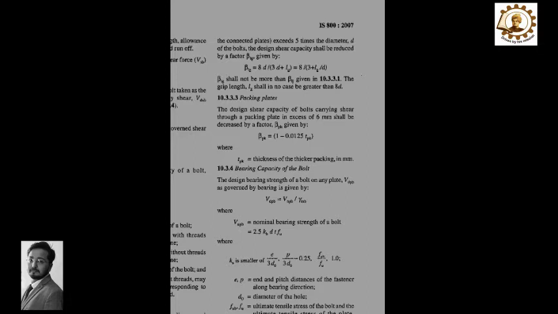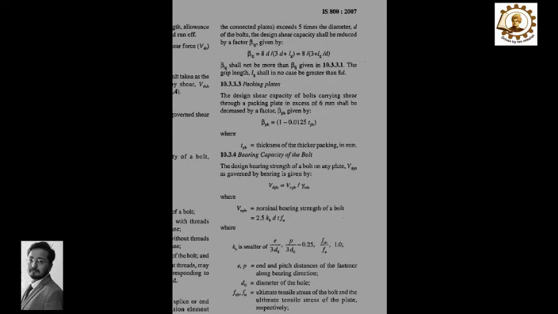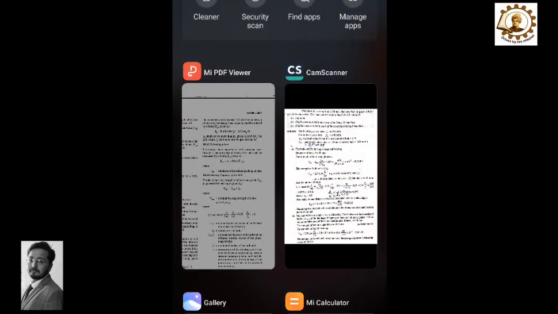Now we have to find out the value of e, that is the edge or end distance, the value of p, that is the pitch distance, and the value of d naught, that is the diameter of the bolt hole, which is equal to the nominal diameter plus clearance. So to find out the value of Kb, first of all we have to find out the values of e, p and d0. Let's go to the note.